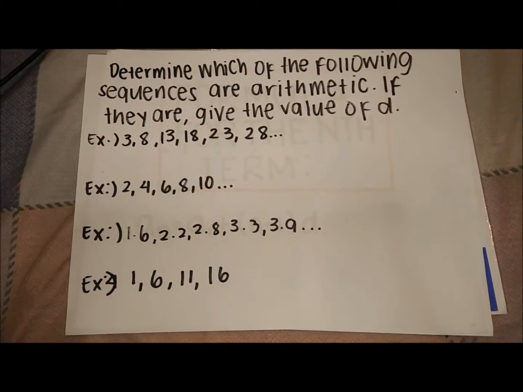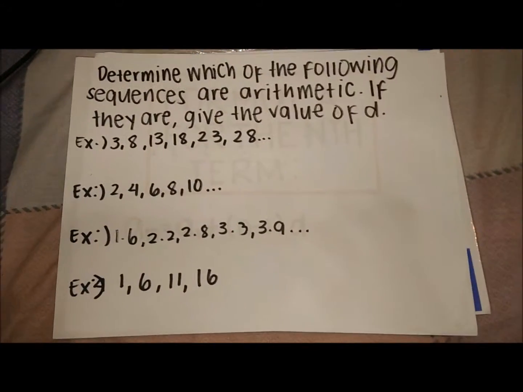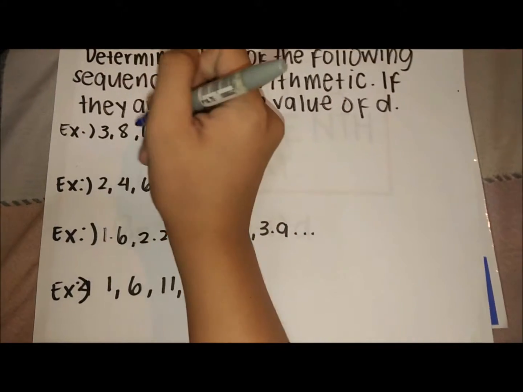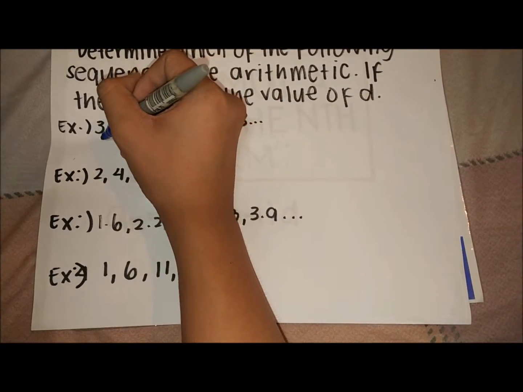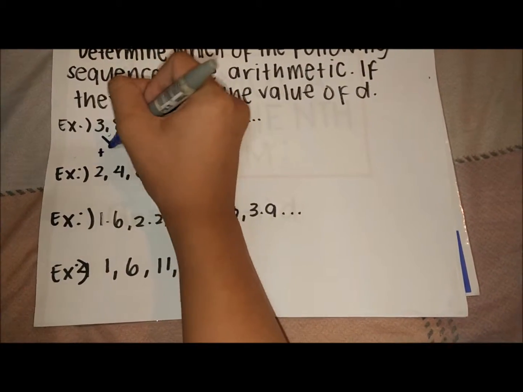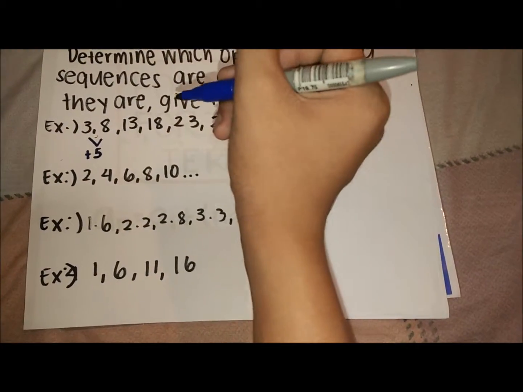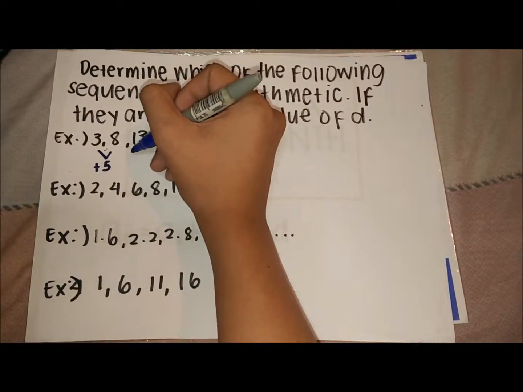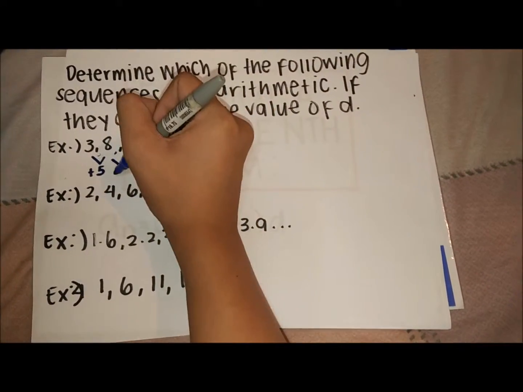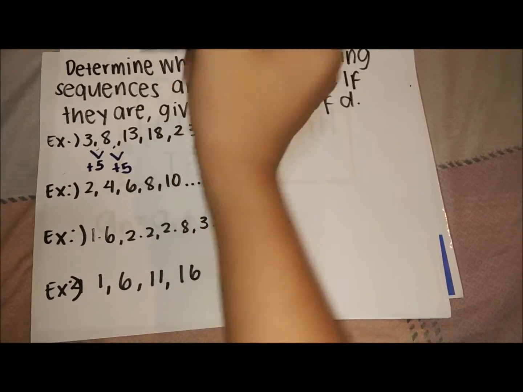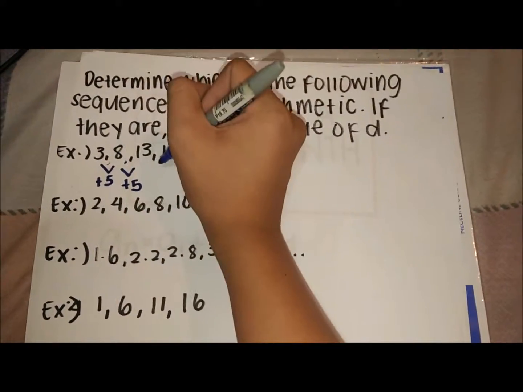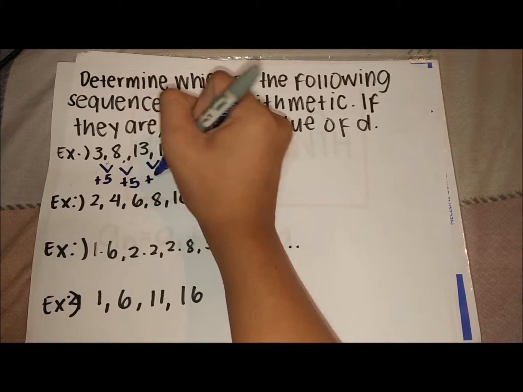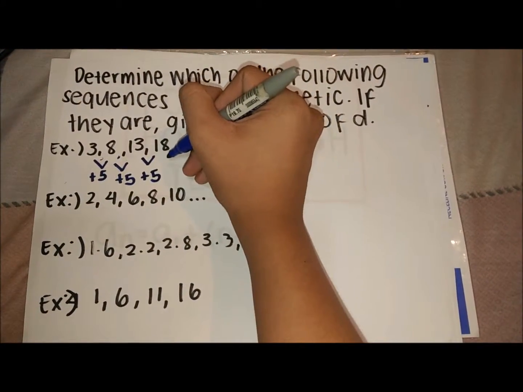The idea of an arithmetic sequence is simple. Notice that from 3 to 8, you need to add 5. Going from 8 to 13, you need to add another 5. And going from 13 to 18, that's another 5. And the pattern goes on.